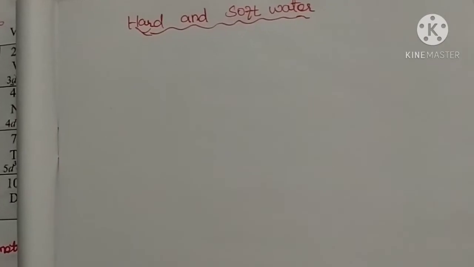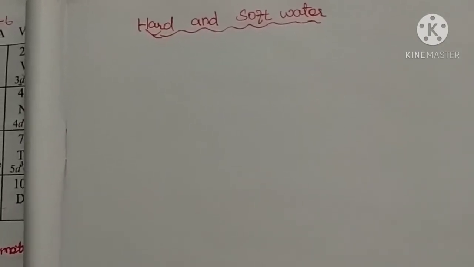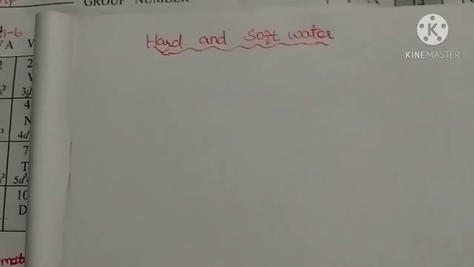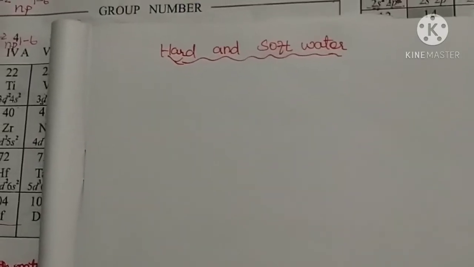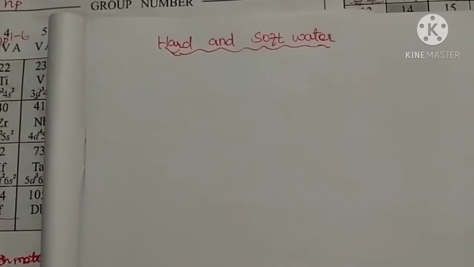Mineral ions like magnesium, calcium, maybe iron, aluminium and manganese, and sometimes lead. So the soluble ions in the water make it hard water.